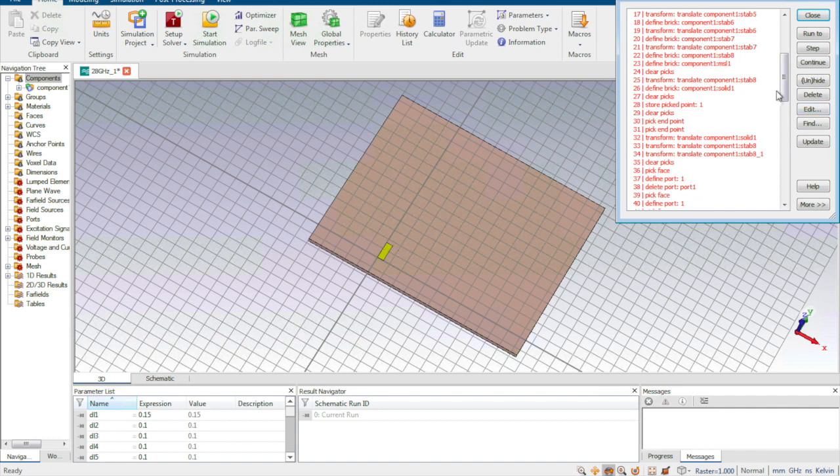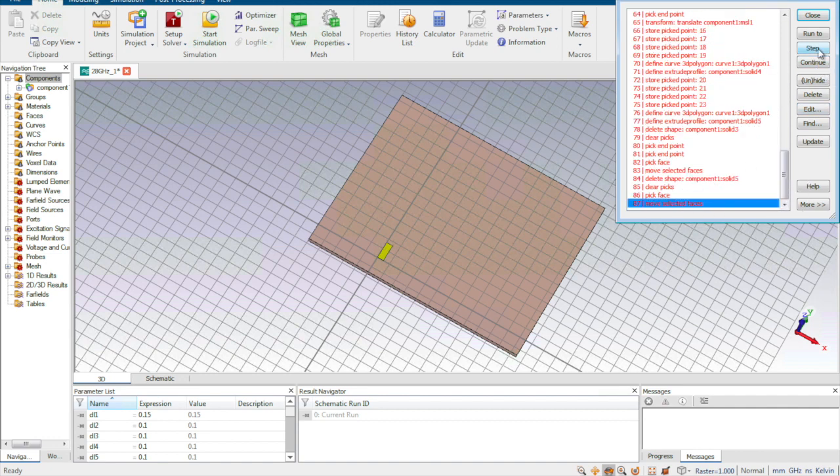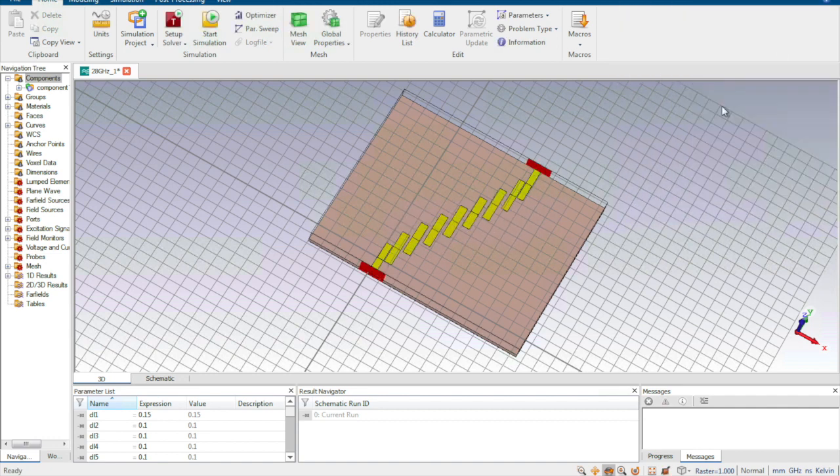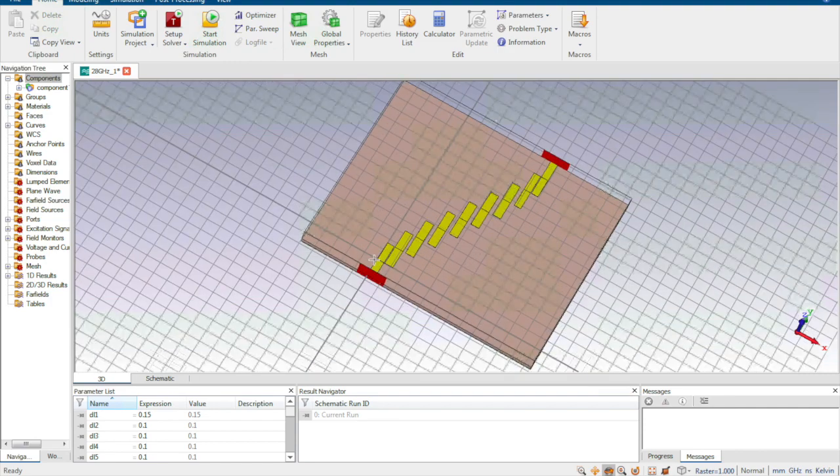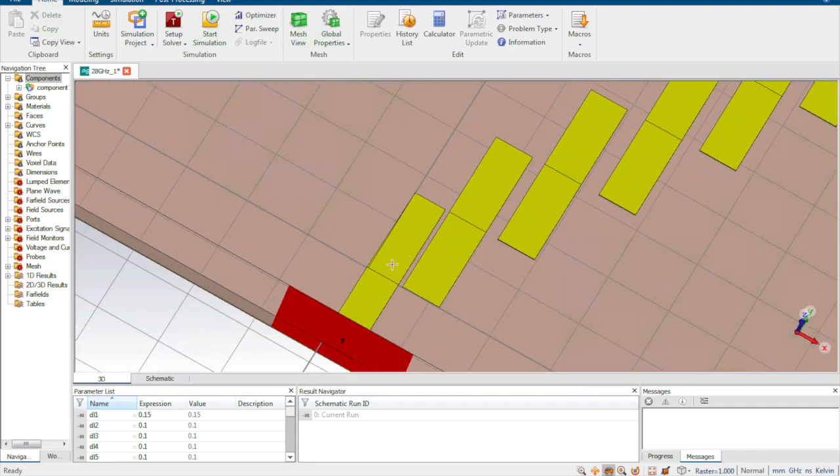Now we can run to the final built-up model. This is the first stage, this is the second one, and it continues going. This is a 50 ohm microstrip line used to connect to the system. I use parameters to set what the air gap is and what the width is for each stage.